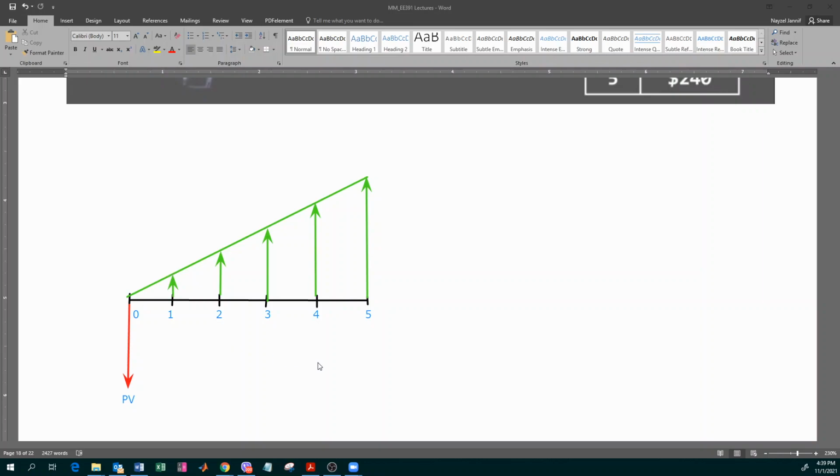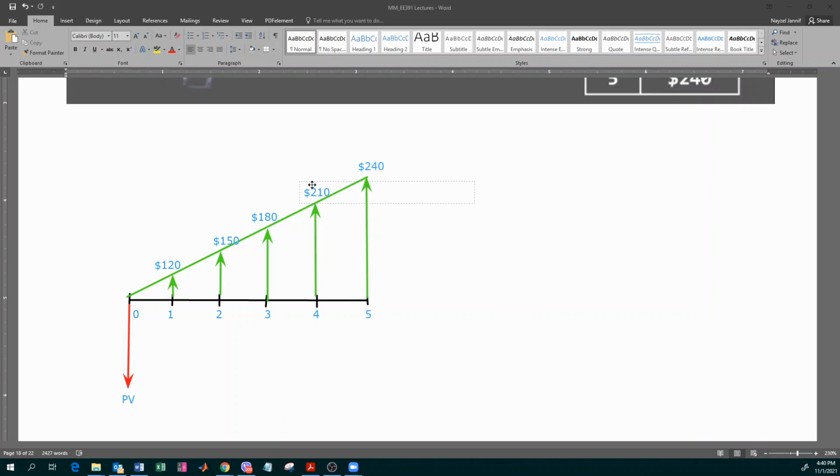So we have 120, then 150, then 180, then 210, then 240. You're right, Terence. It's increasing by $30 every year.